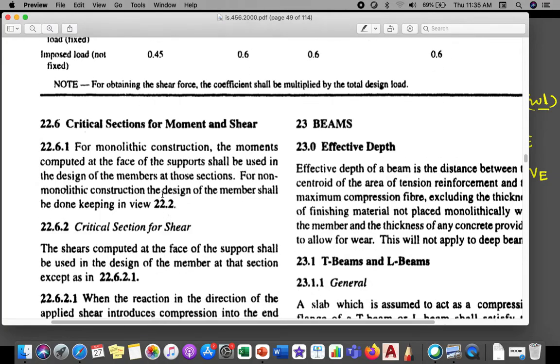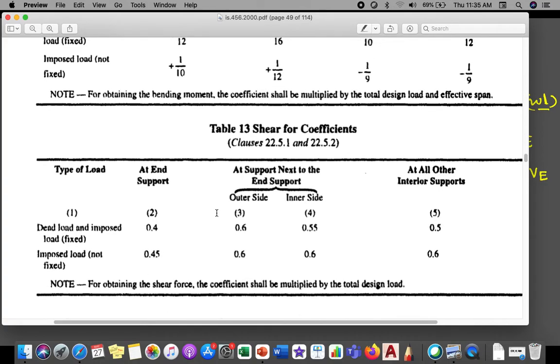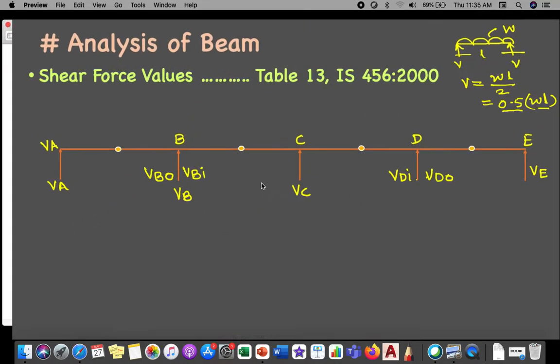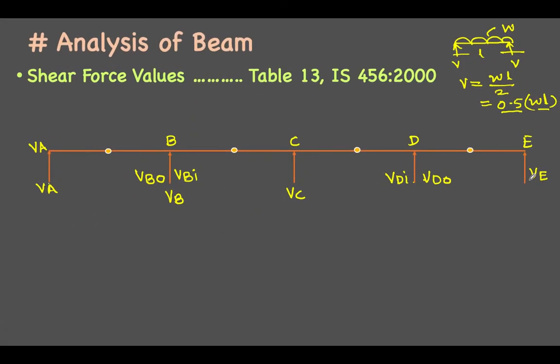So let us consider at end support. End support means we are having A and E. Next to end support B and D, and other intermediate support VC.